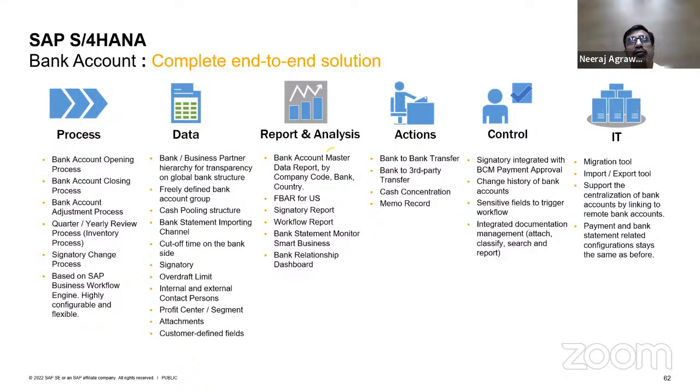So from an end-to-end perspective, the processes, the data, reports and analysis, what actions need to be taken, the controls to be implemented, and the IT part, an end-to-end solution is provided from a bank account perspective.